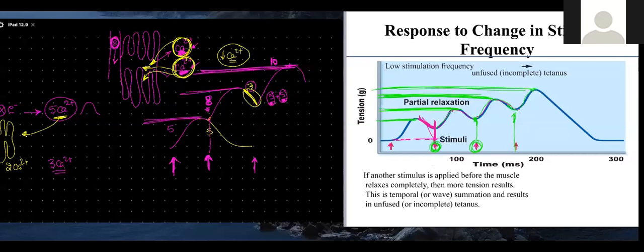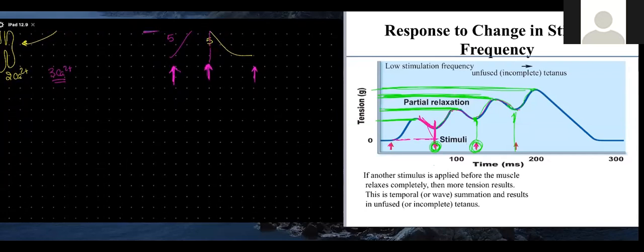And if I prevent the complete relaxation of the muscle, this means that more calcium is going to be available outside in the cytoplasm in response to our next stimulus. And as a result, this is going to cause stronger muscular contraction.